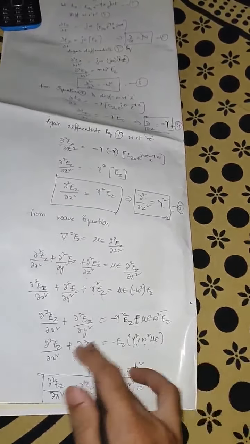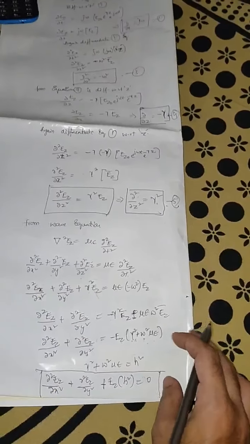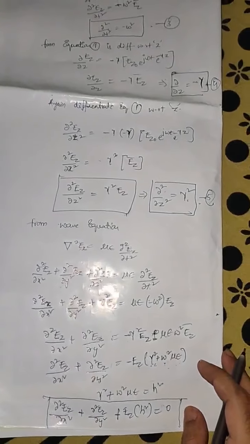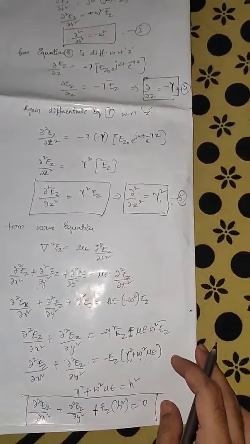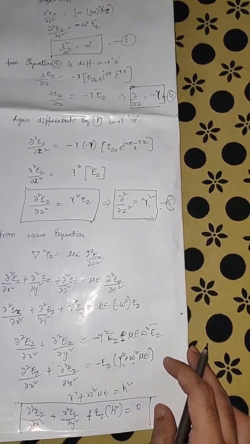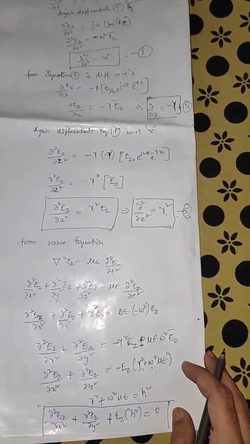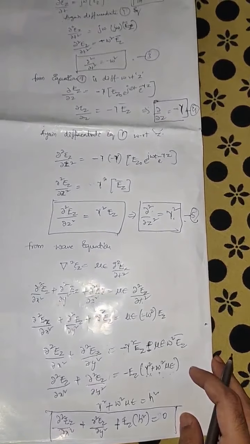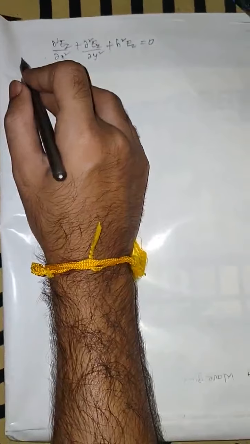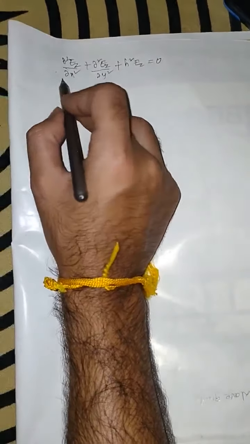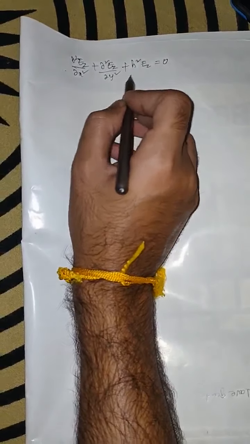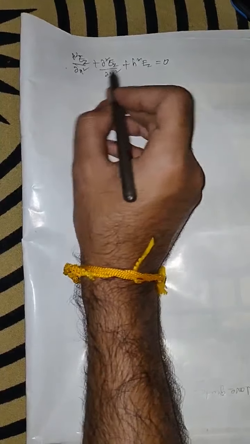So you can move it to this side, and it can be written as ∂²Ez/∂x² plus ∂²Ez/∂y² plus h² Ez is equal to 0. So this is the other wave equation obtained from this wave equation. Okay, so the obtained wave equation in terms of Ez is ∂²Ez/∂x² plus ∂²Ez/∂y² plus h² Ez is equal to 0.